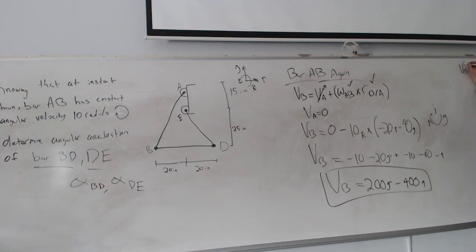But I just saw velocity of B. I do not have velocity of D. I do not have the angular velocity of it, but I can get the position vector. So once again, I'm stuck.